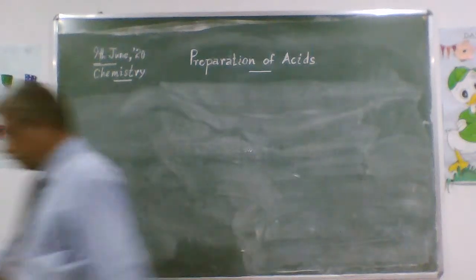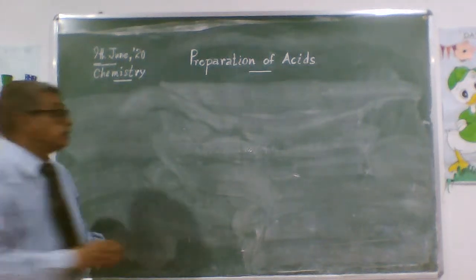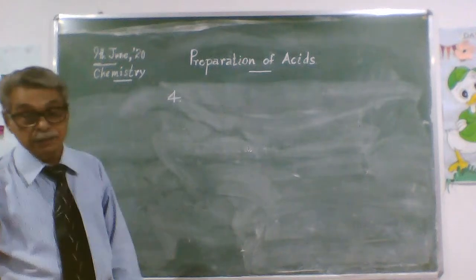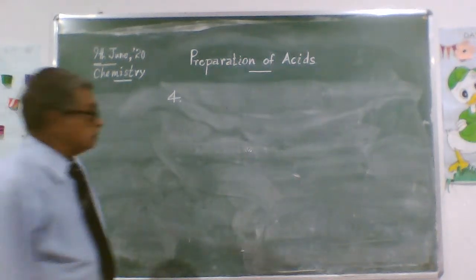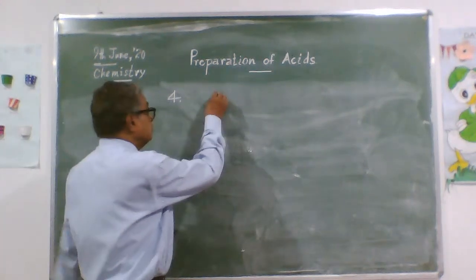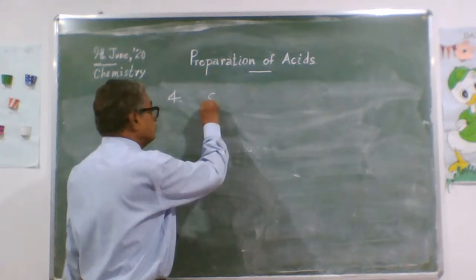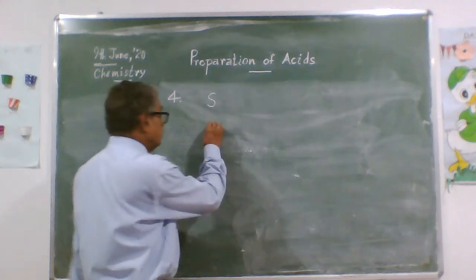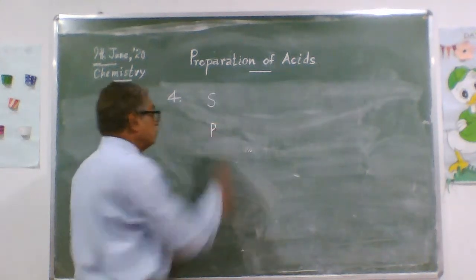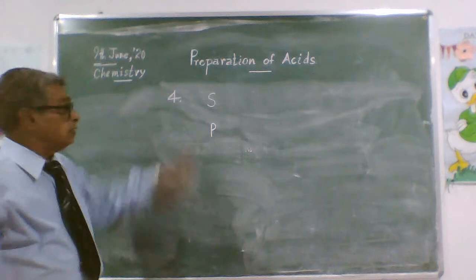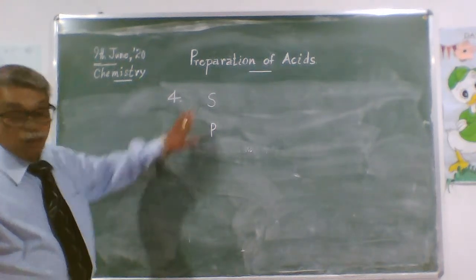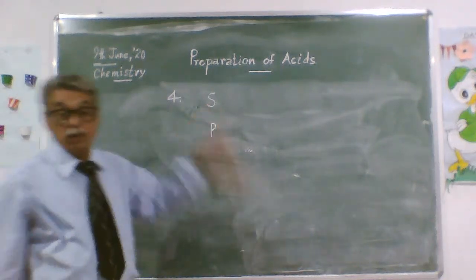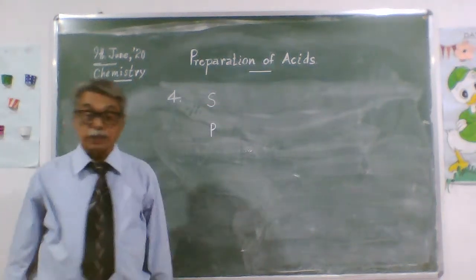There's one more method of preparing acids. We have to study the fourth method. There are certain elements like sulfur or phosphorus, P. These elements, when oxidized, try to understand: if I oxidize sulfur, what will be the product?